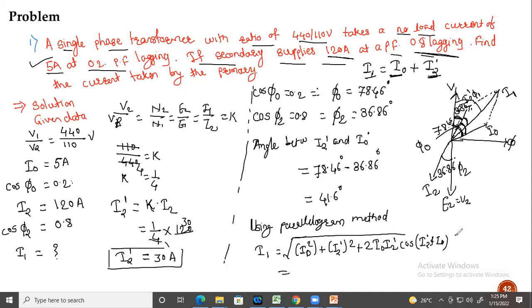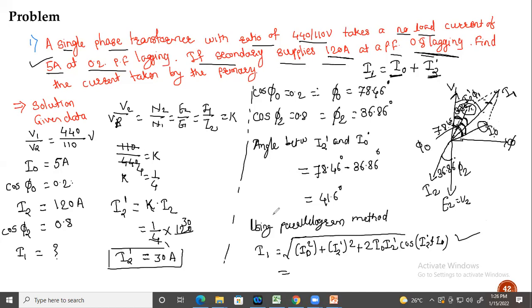See, this is the law of parallelogram or the method of parallelogram. If I want to find the value of I1, it is equal to under root of the square of the magnitude of I0 plus the square of the magnitude of I2 dash plus 2 into multiplication of I0 and I2 dash and cos of the angle between these two.